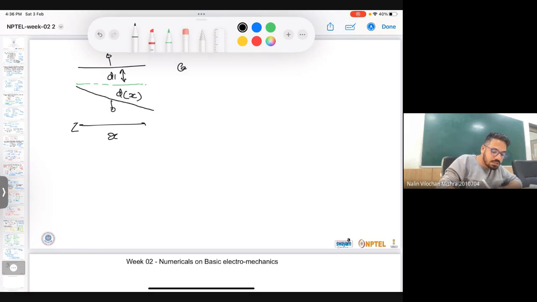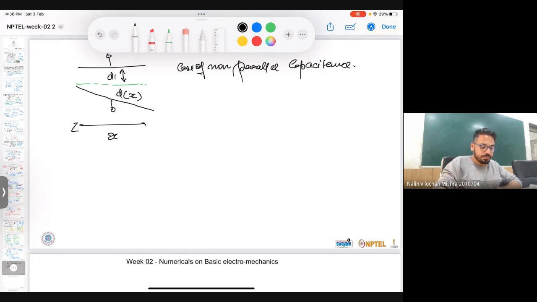Basically, the case of non-parallel capacitance. Okay, so these are the numericals on capacitances.